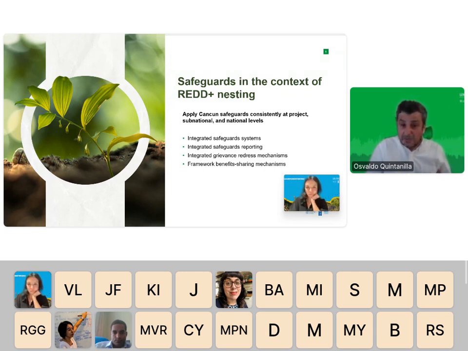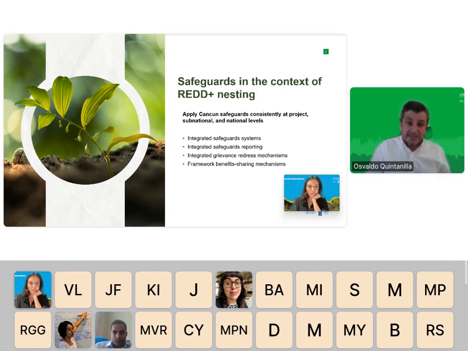This unified framework helps countries to meet various requirements, including the Cancun Safeguards, ART-TREES, VERRA, and even GCF through one coherent framework. So Paraguay offers a strong example of this integrated approach.